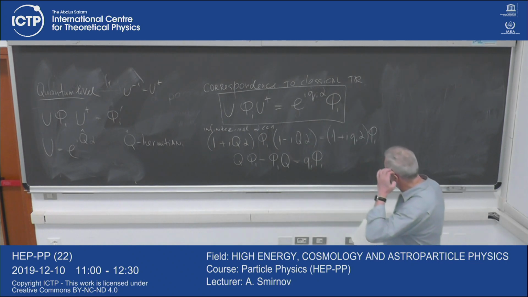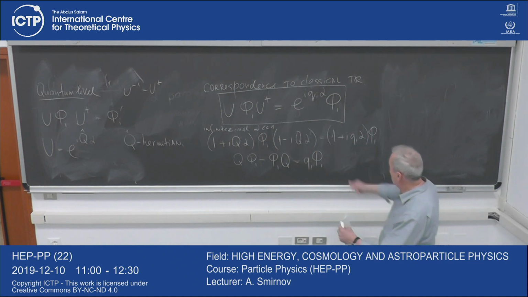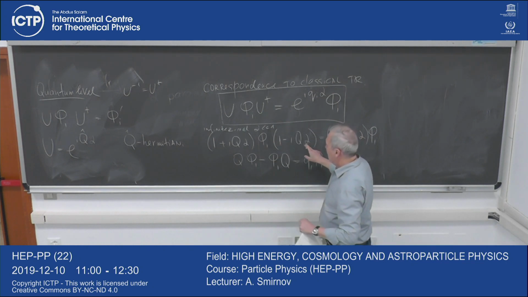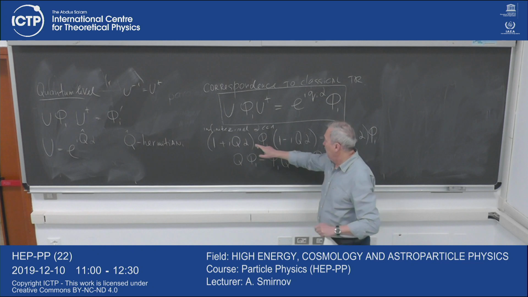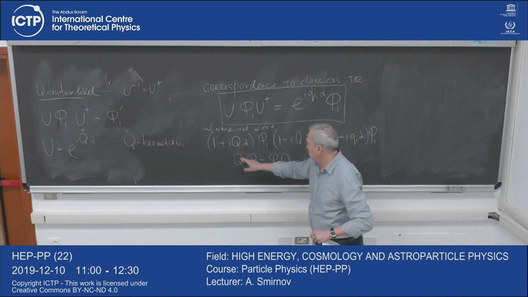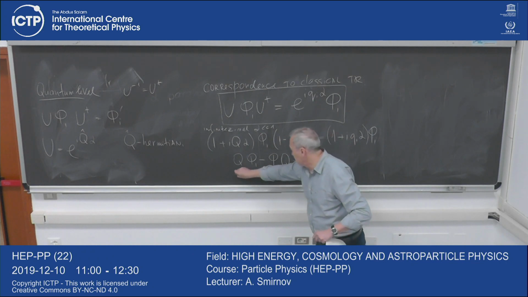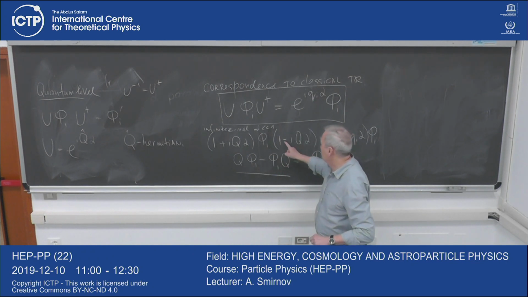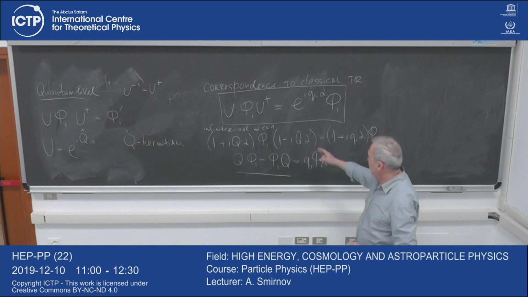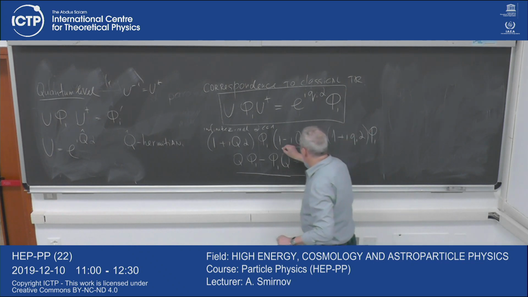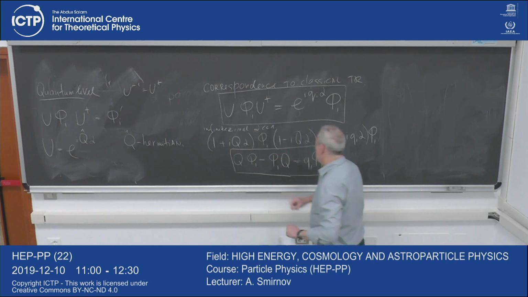So you can open this, and 1 cancels with the first term. I neglect the alpha squared term, and then what is left is q times phi and phi times q. So this is what you see here with minus sign, and then I cancel alpha. So that's what follows from the law of transformation.